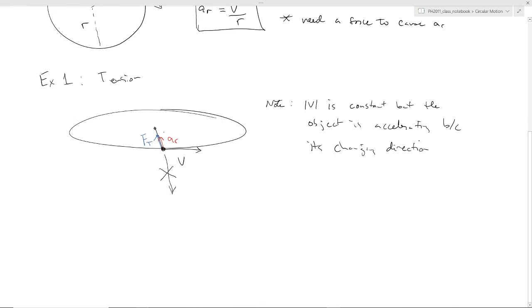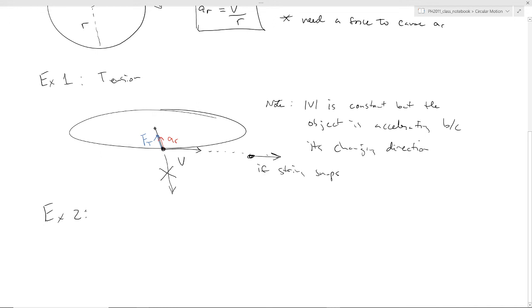If the string were to snap, notice that the velocity is tangent to the circle, so it's going to continue to go in this direction. That can be a little bit counterintuitive, or maybe unfamiliar on the surface if we don't think about the fact that the velocity is tangent to the circle. Okay, let's look at some other examples.